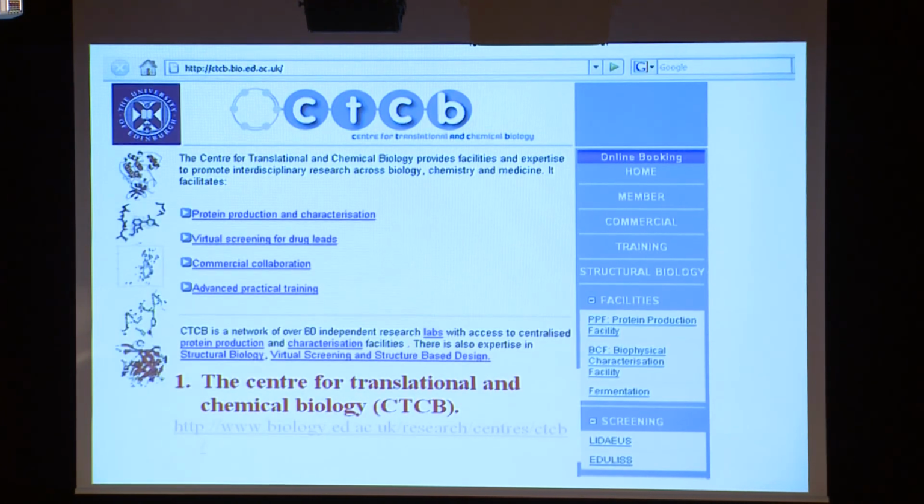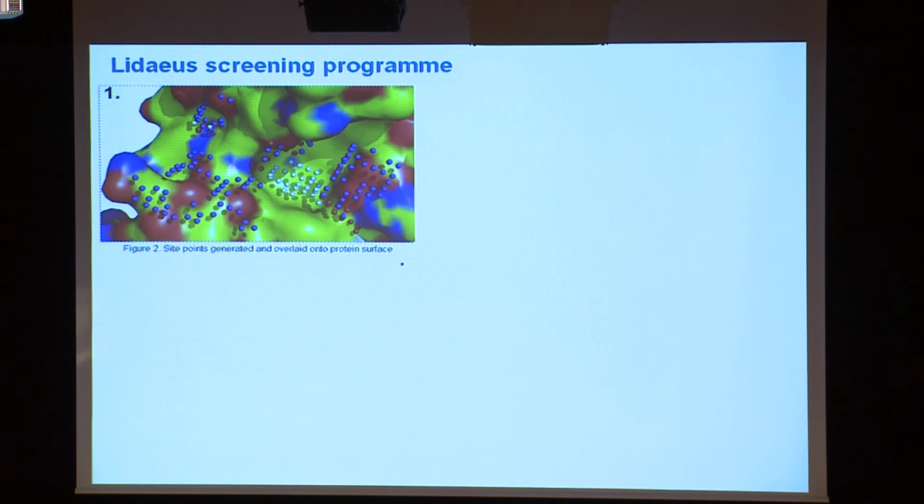This is the website for the Centre for Translational and Chemical Biology, and one thing that was developed in Edinburgh by Paul Taylor and others is this Ludi screening programme, at the Centre for Drug Design at Edinburgh University, where we take the crystal structure.